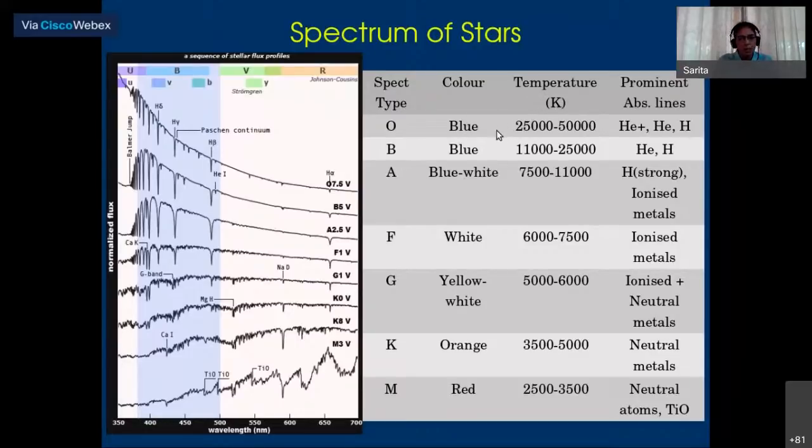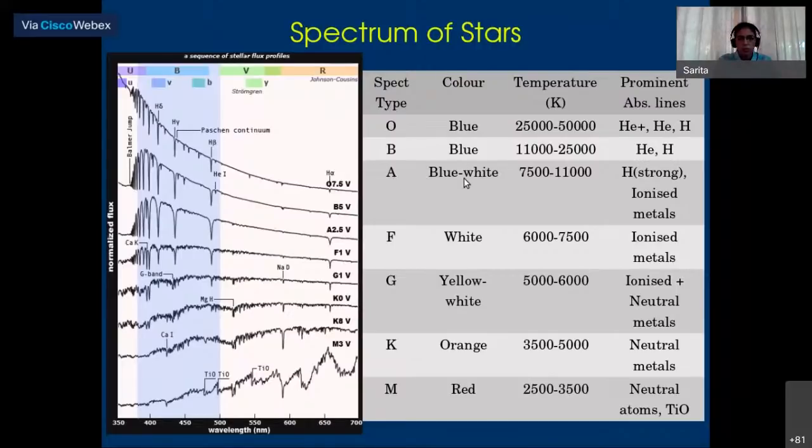And again, you can have subclasses within them, as we have already discussed. The prominent absorption lines are helium, ionized helium, and hydrogen lines. Now, B-type stars also appear bluish, and the surface temperature is between 11,000 to 25,000 Kelvin, and this comprises only neutral helium and hydrogen.